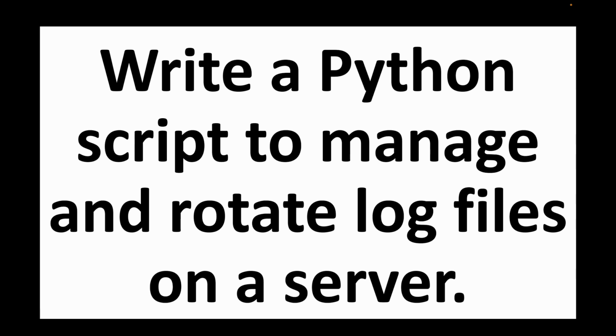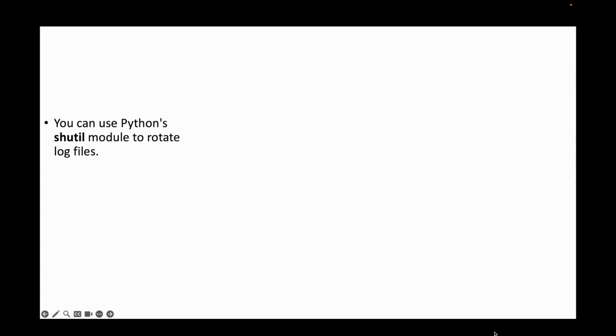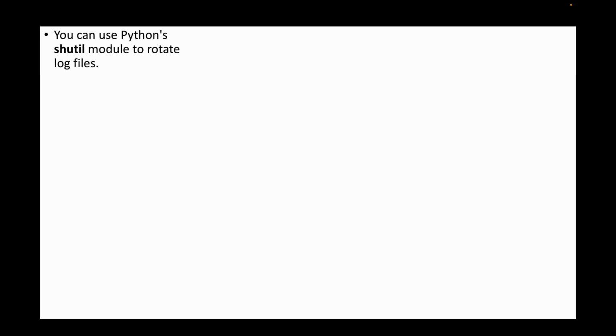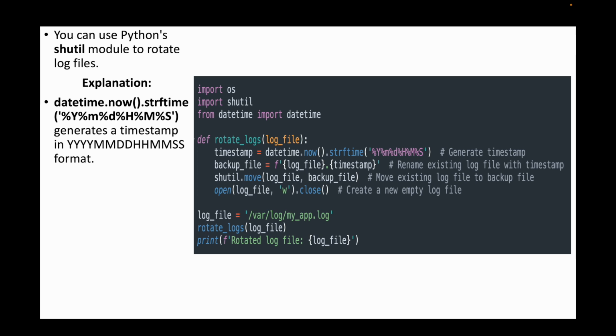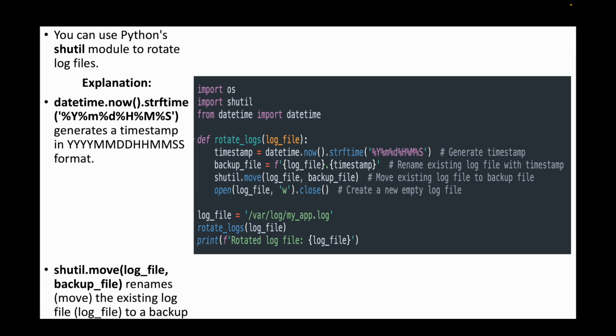The next question we have is, write a Python script to manage and rotate log files on a server. So for this, we can make use of the shutil module, which is available in Python, to rotate our log files. So here we are first defining the timestamp, which is to generate a timestamp that will be appended to the log file.